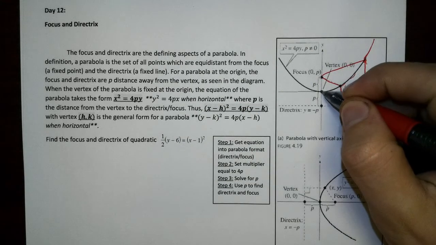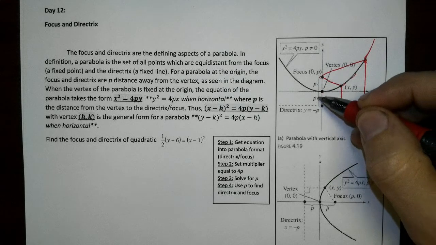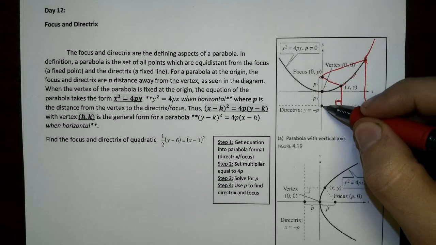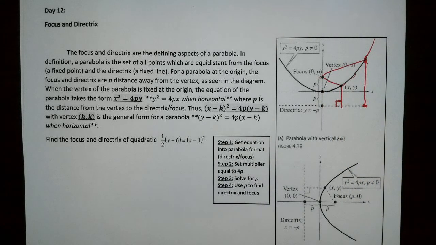Meaning that when we find our vertex, it needs to be precisely p away from both of these. Precisely distance p away from the directrix, precisely distance p away from the focus. This is the only way it can happen, right? We made a definition. If we did not have that happening, we would not meet our definition.